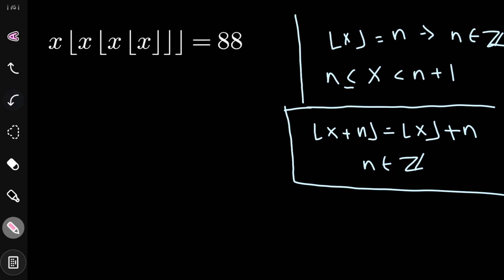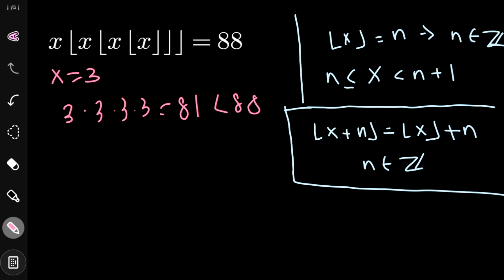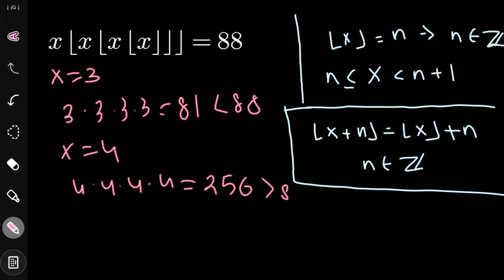Now let us start the solution by putting x equal to 3. On the left hand side, if we put x equal to 3, it will simply turn out to be 3 into 3 into 3 into 3, and that is 81, and this value is smaller than 88. Now if I put x equal to 4, the left hand side will turn out to be 4 into 4 into 4 into 4, and this is ultimately 256, and this value is greater than 88.